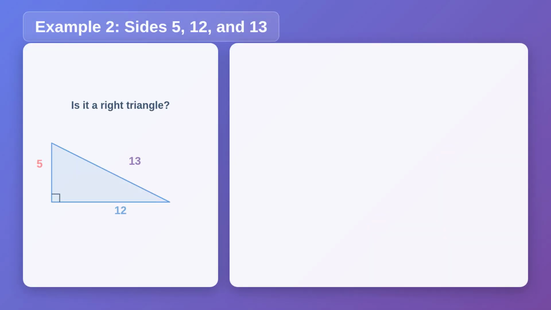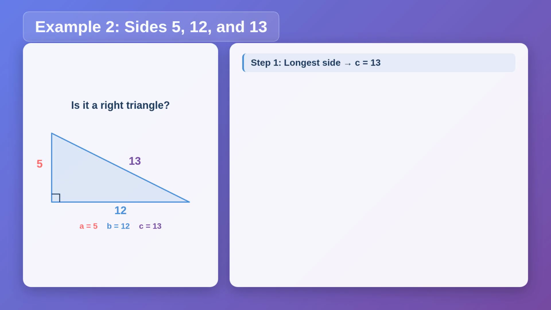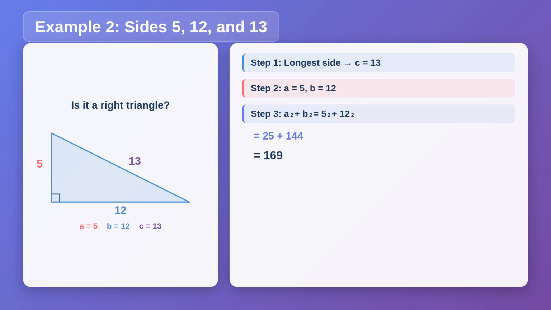Let's try a trickier one. A triangle has sides of 5, 12, and 13. Is it a right triangle? Step 1. The longest side is 13, so c equals 13. Step 2. a equals 5 and b equals 12. Step 3. a squared plus b squared is 5 squared plus 12 squared.